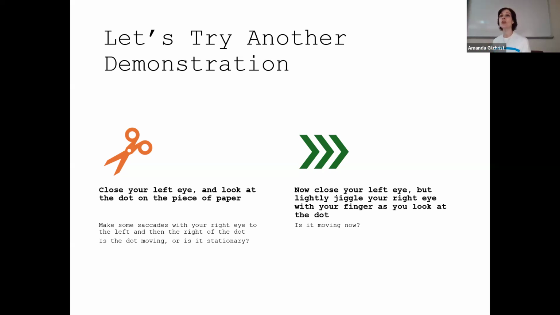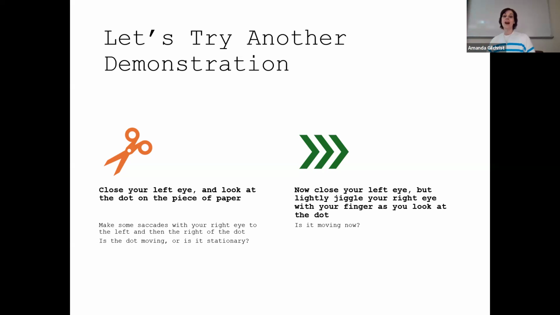So basically do some saccades on that dot. Now, here's my question. When you did that, is the dot moving or is it stationary as you're making those saccades? Who said that it was moving? Who said that it was stationary? Good, it should be stationary.